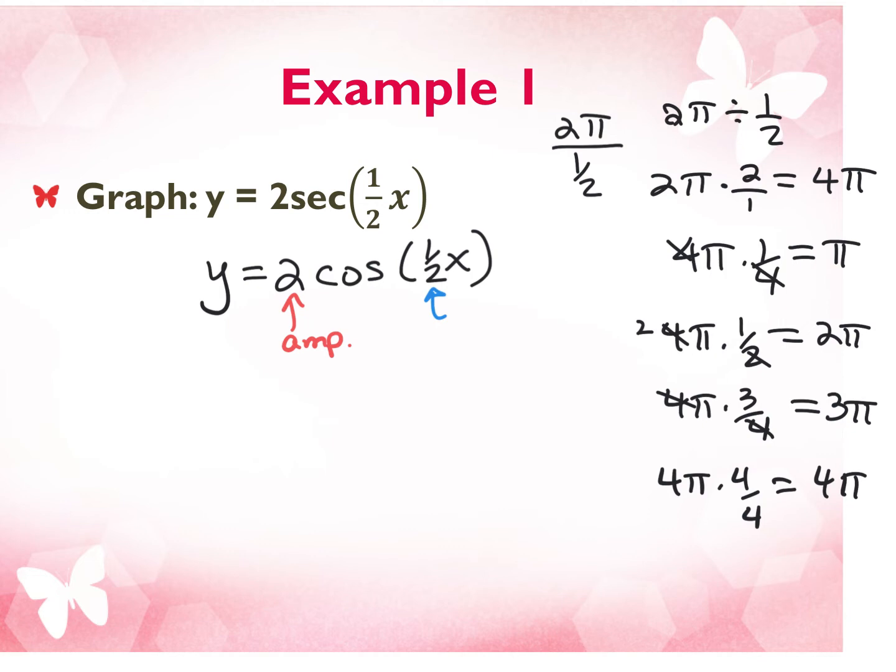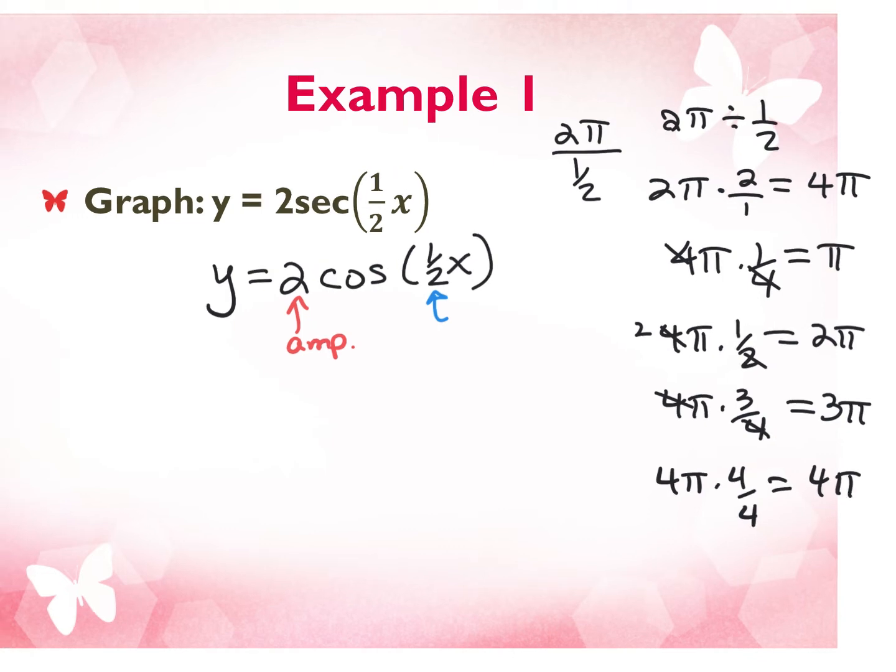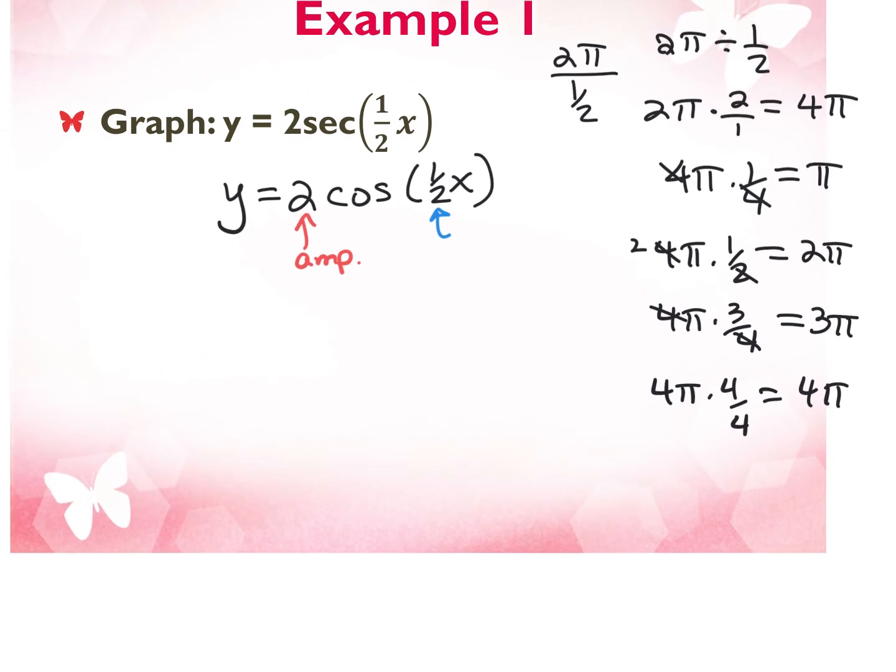So now let me graph the cosine graph first. Then I'm going to graph the reciprocal. So let me add in an x and a y-axis. I don't have graph paper on this, but I'm just going to space them evenly. So my first point is at pi. Then I have one at 2 pi.